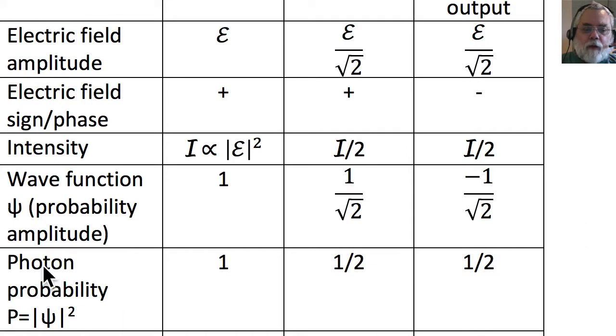Now the photon probability at a point is going to be the magnitude of the wave function psi squared. When we square 1, we get 1, which means there was a 100% probability of the photon being there. When we square 1 over square root 2, we get 1/2. And when we square minus 1 over square root 2, we get 1/2.